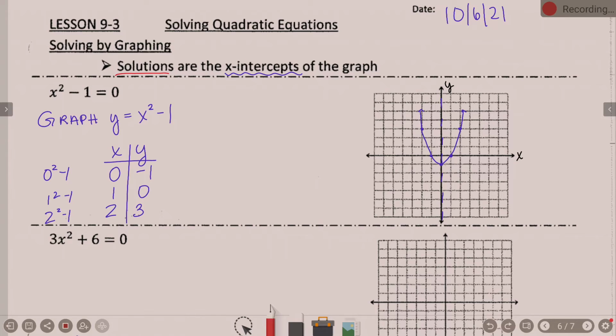Can we tell where our x-intercepts are? x-intercepts is where the graph crosses the x-axis. Where does the graph cross the x-axis?